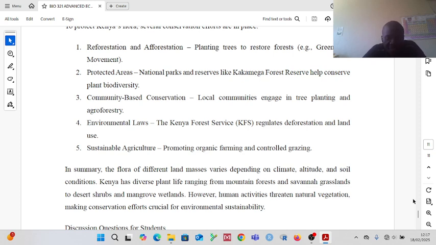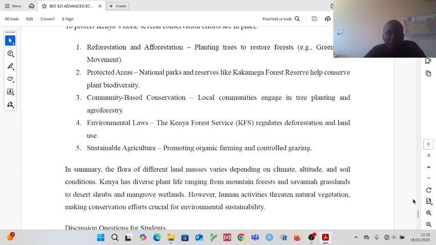The different diverse plant lives that we have in Kenya will range from mountain forests, the savanna grasslands, and the desert shrubs. Then we have the wetlands and the riverine flora. All in all, we have human activities that are threatening the occurrence of the natural vegetation.